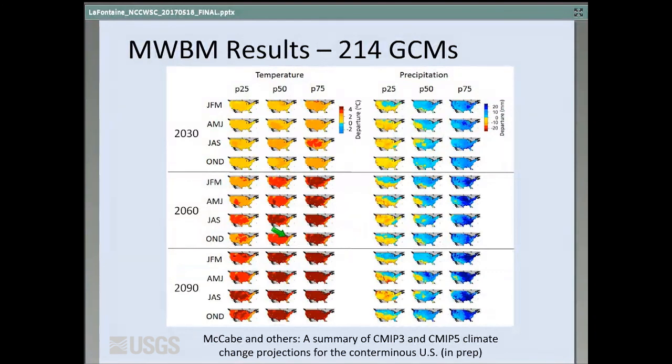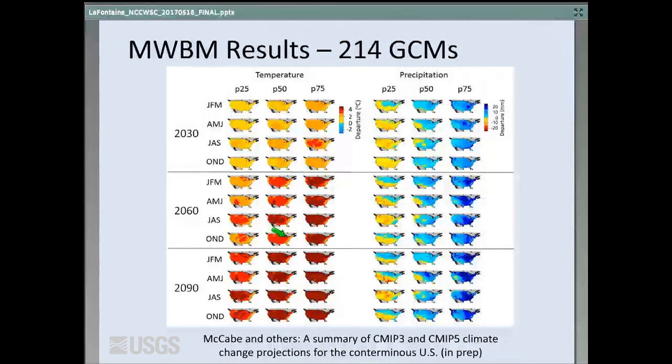And so here's some output from those model runs. The water balance model was developed for the conterminous United States, and then they used 214 downscaled general circulation model inputs that were downloaded from the Geo Data Portal, and were run through 2100.